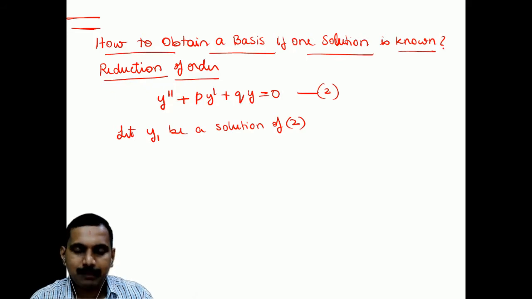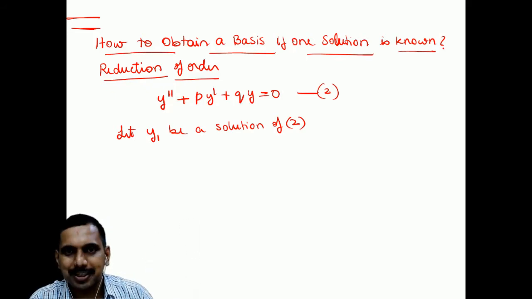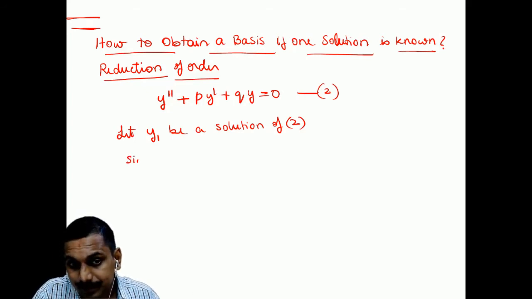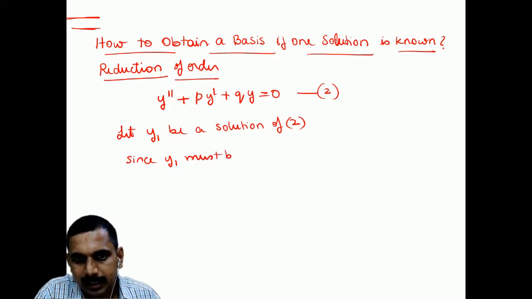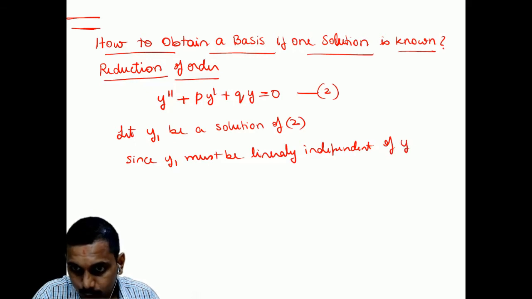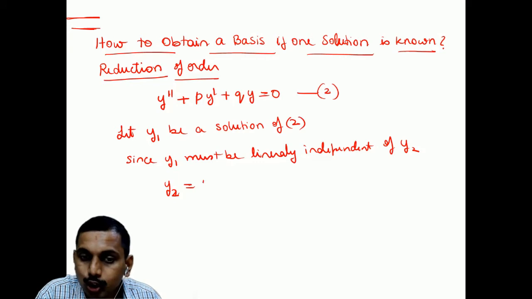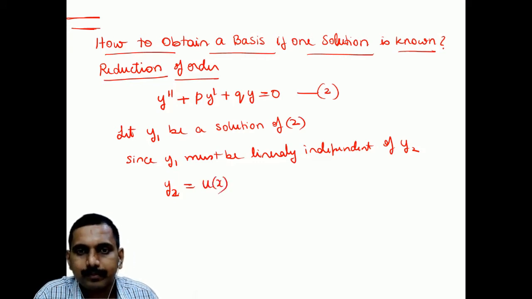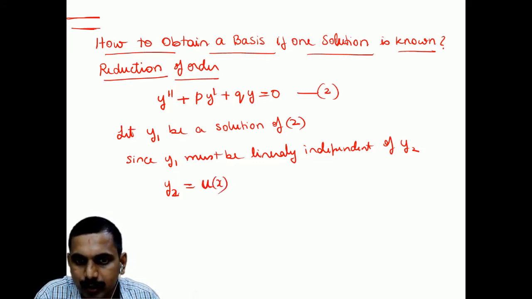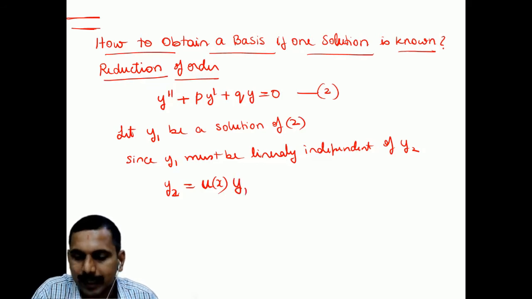It should be some function into y1. Since y1 and y2 must be linearly independent, y2 can be equal to u of x into y1, where u is a function of x.